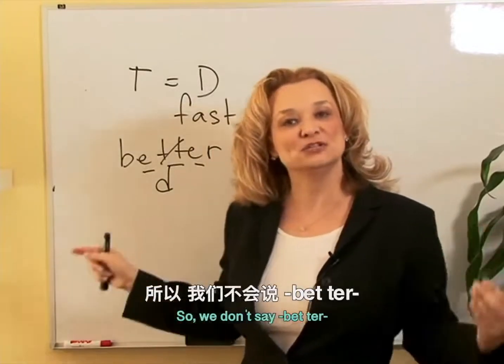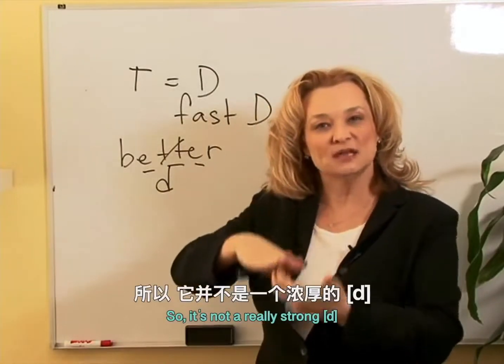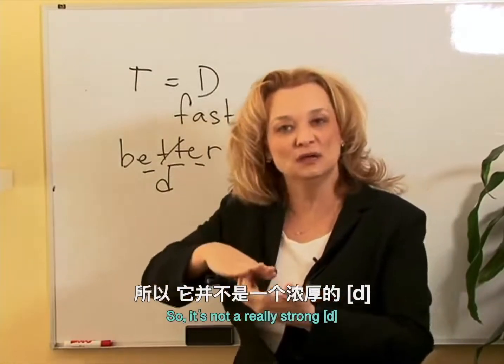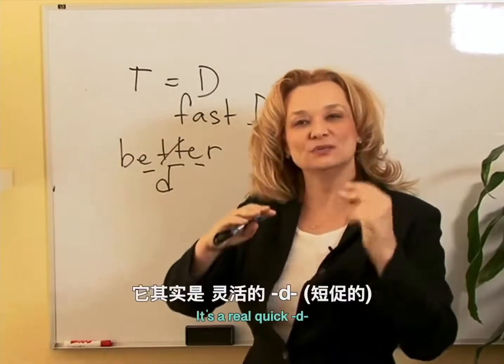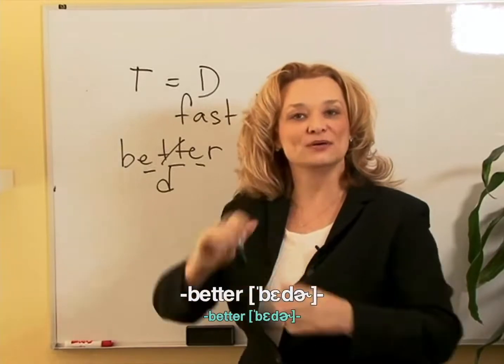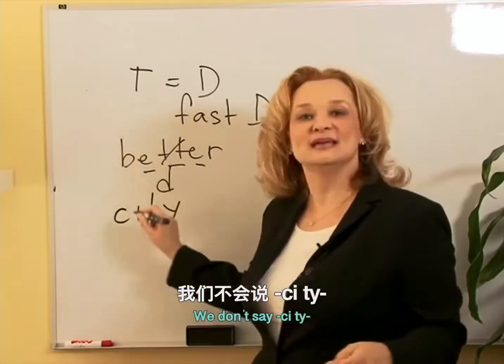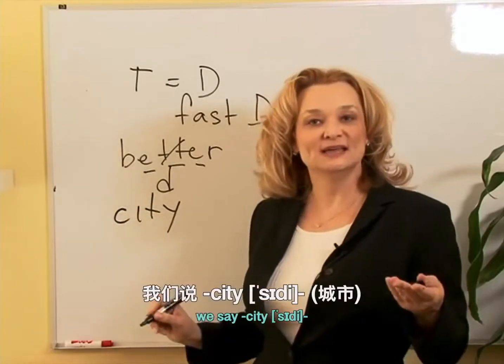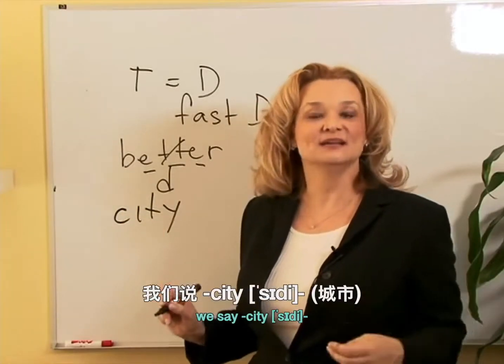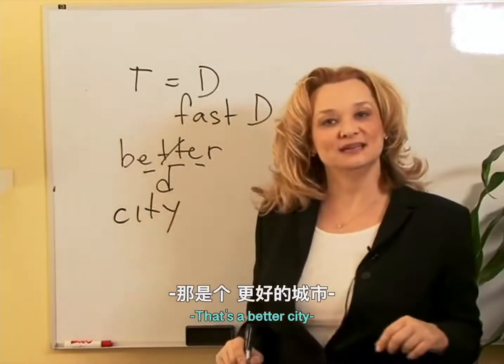So it's not a really strong D. It's a real quick r, r, r. Better, better. Look again. We don't say "city," we say "city, city." That's a big city. That's a better city.